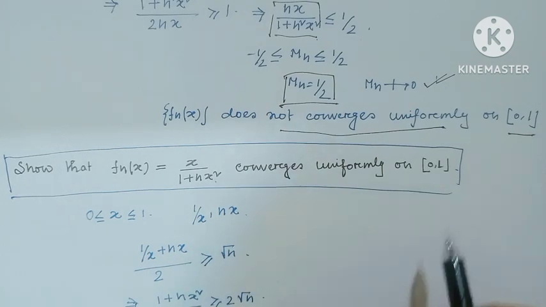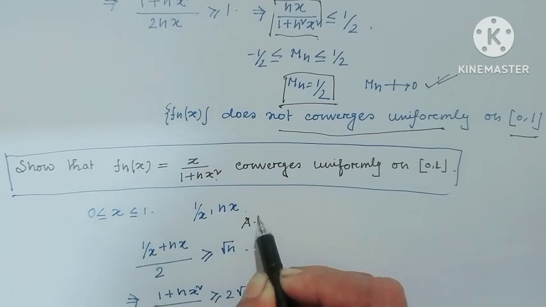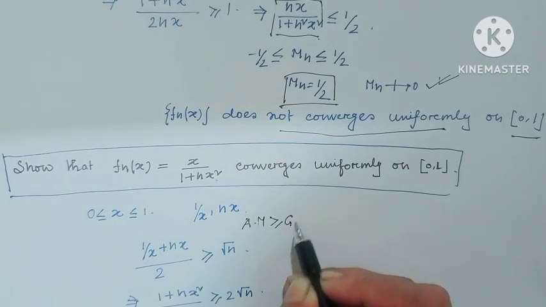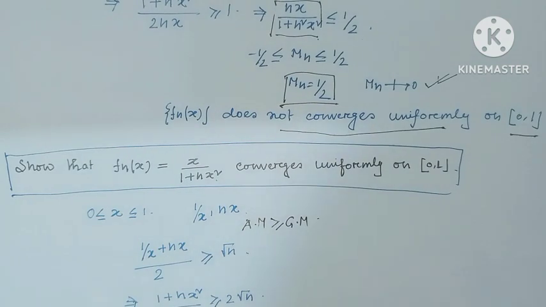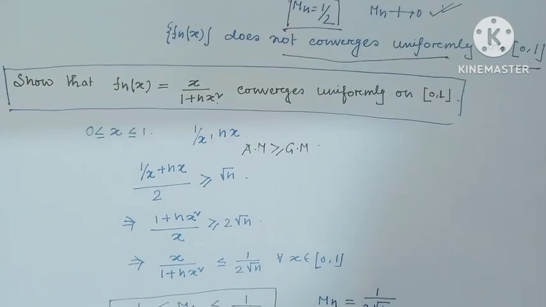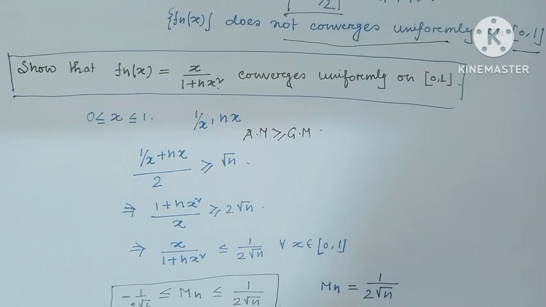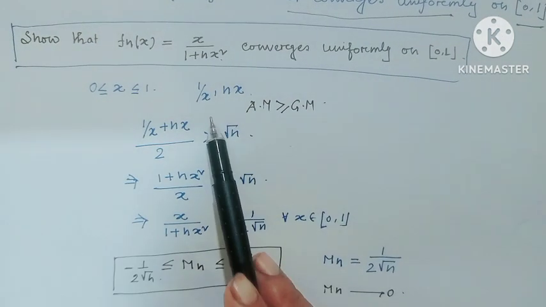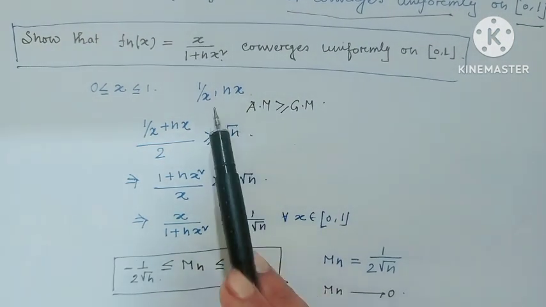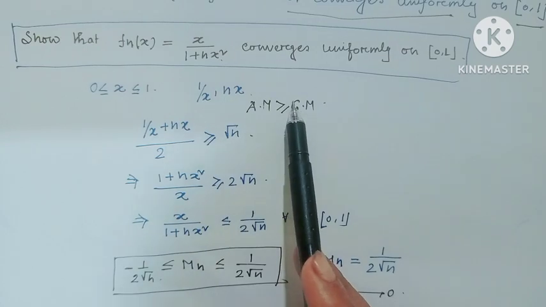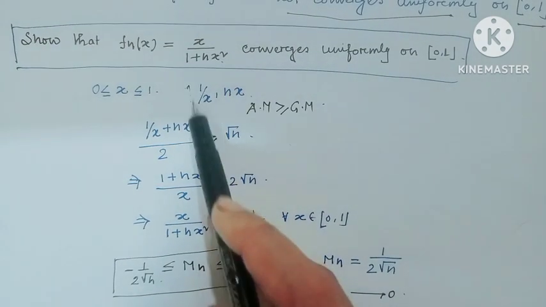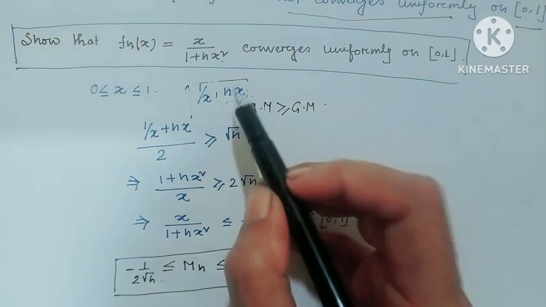For this, here also we apply AM greater than or equal to GM on the elements 1 over x and nx.